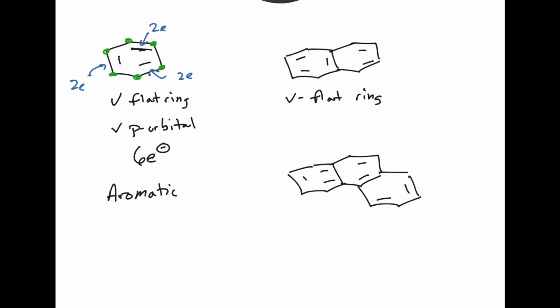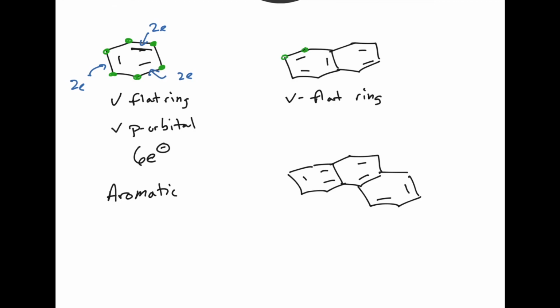Again, when we're doing these, we're just going to assume that I've given you a flat ring. Does every atom in this top structure have a p orbital? Is every atom part of a double bond? Right, so every atom is part of a double bond.